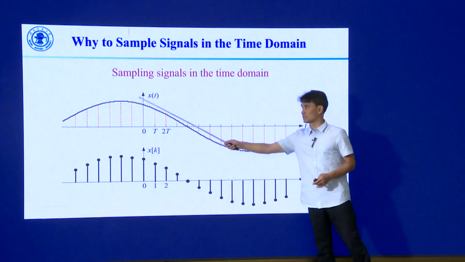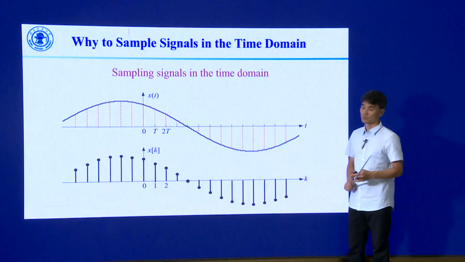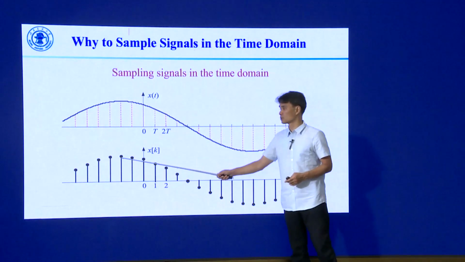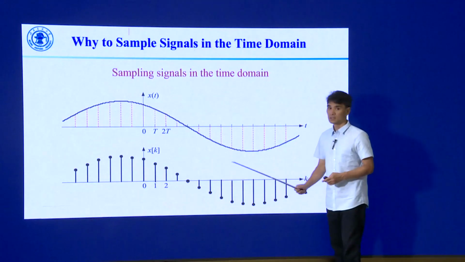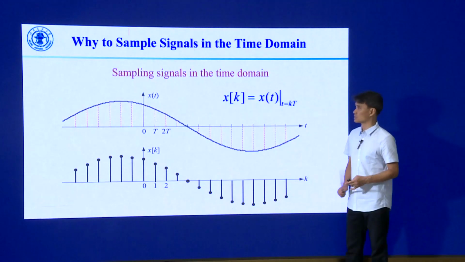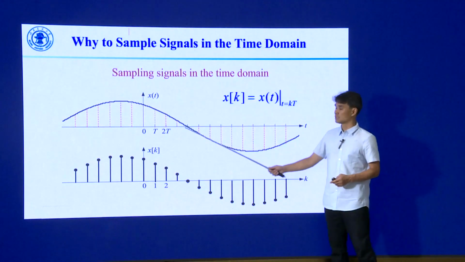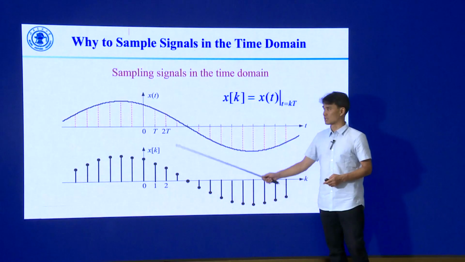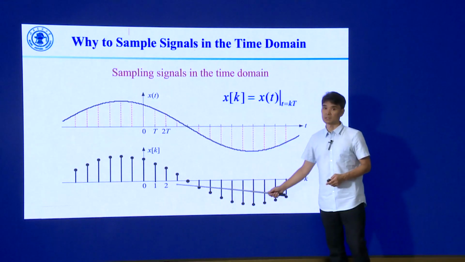Instead of getting the entire curve, we can get only these discrete time points. So mathematically, we can use this equation to describe the relationship between the continuous time signal and its discrete time version.